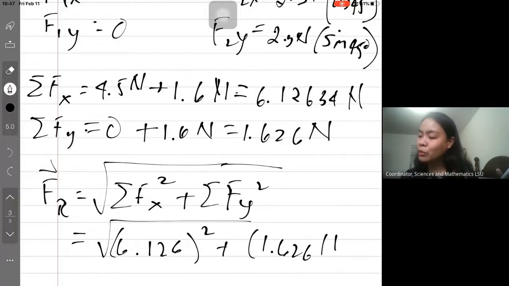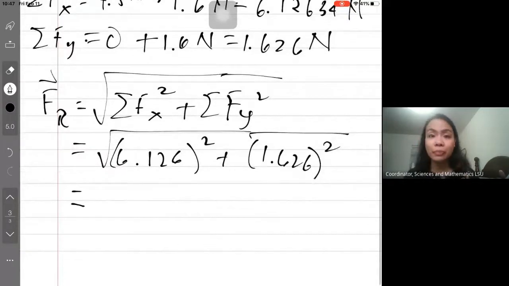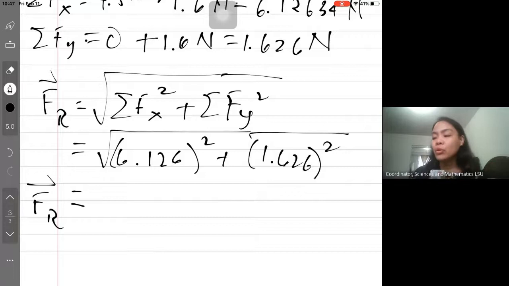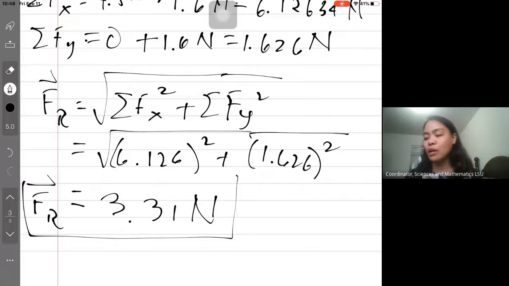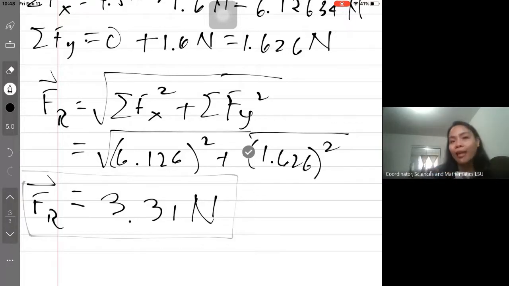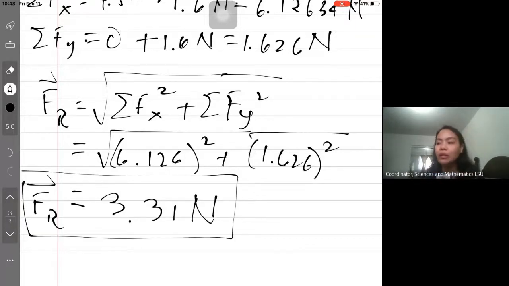I will do away with the units again. Just make sure that you are consistent with your units in the first place so that you don't have any problem for that. And our resultant force will be equal to 3.31 newtons.